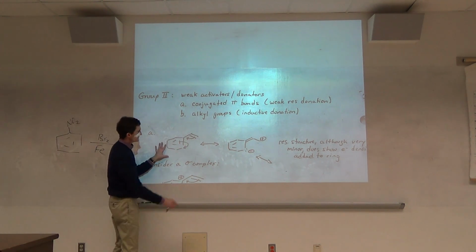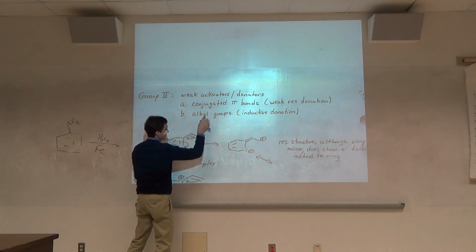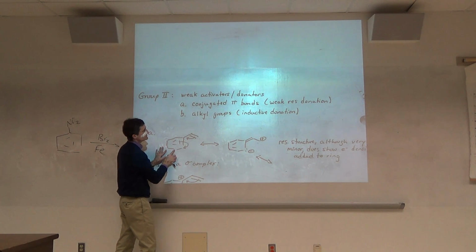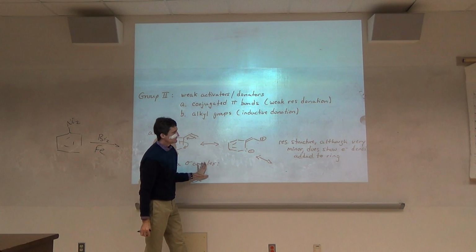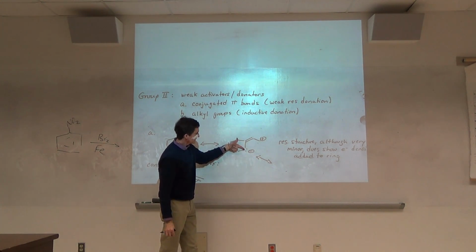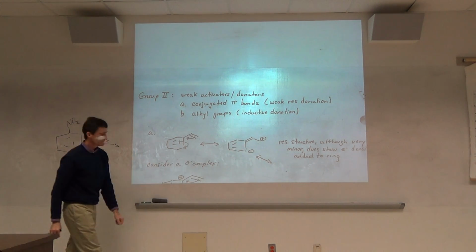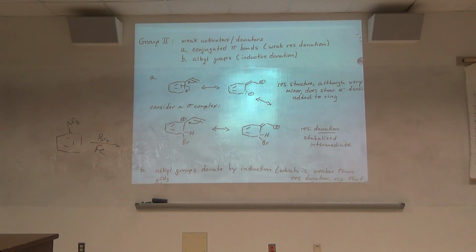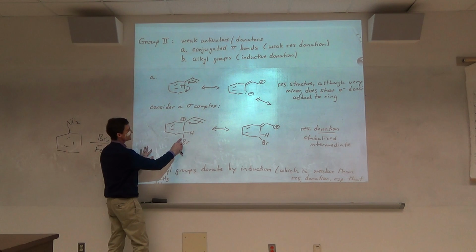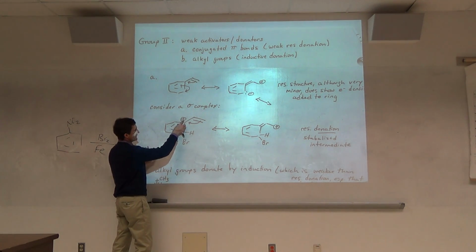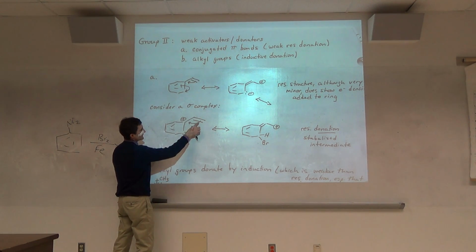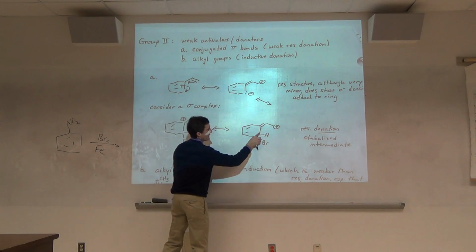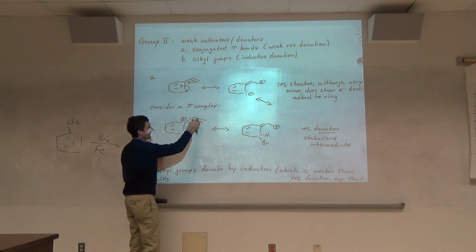So this would illustrate some donation by a conjugated pi bond, and so it adds electron density to the ring. If we consider a sigma complex, the carbocation is resonance stabilized, and we get additional resonance from the conjugated pi bond.